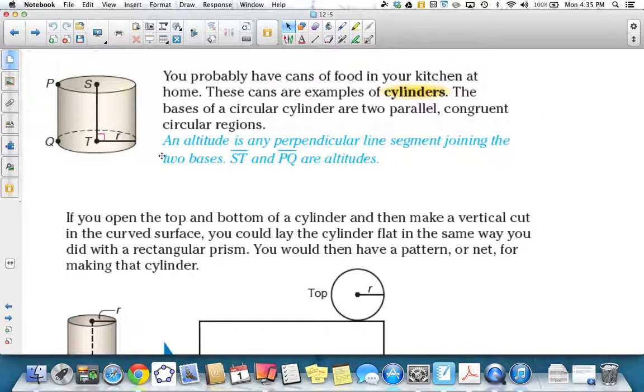Then we want to find the surface area of the cylinder. A cylinder is basically a type of three-dimensional figure wherein you have two circles as the bases. The bases of a circular cylinder are two parallel congruent circular regions, like the one you have there, and ST is called the height or the altitude, but we'll just call this the height, and it is perpendicular to your circles, which means they form right angles.